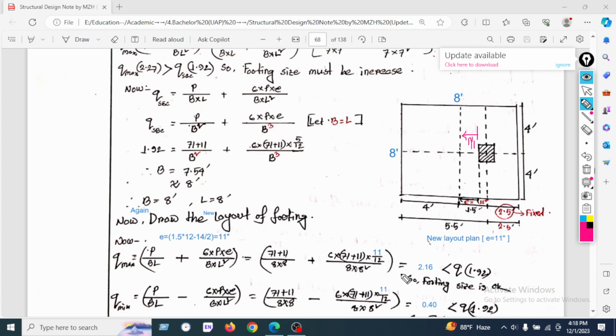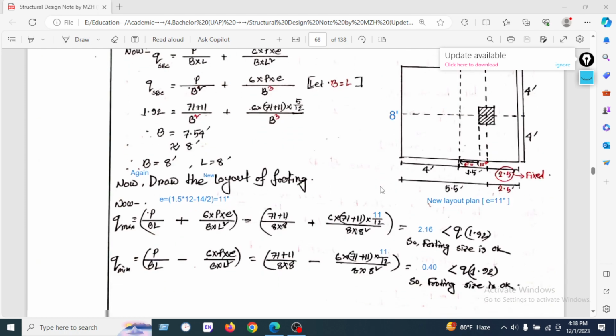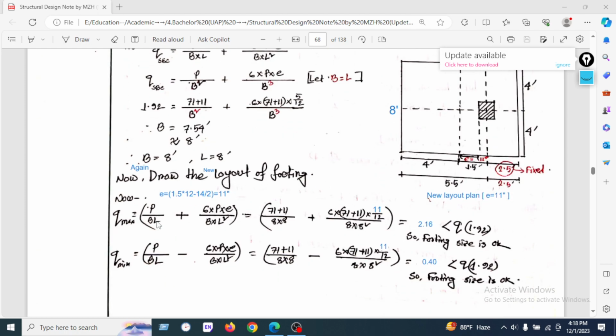I have forgotten to write it here, that's why all the calculation is calculated again, for precise calculation. Now let's see. Here is the q max. Q max equals P by BL plus 6P e, where e is the new e.